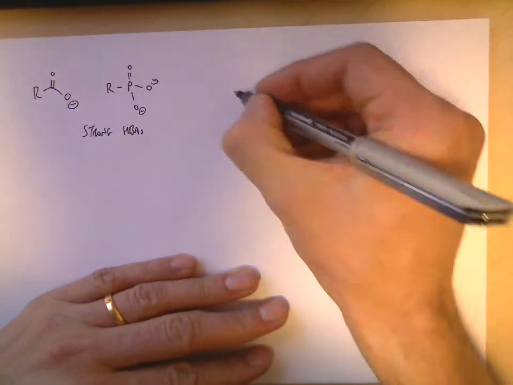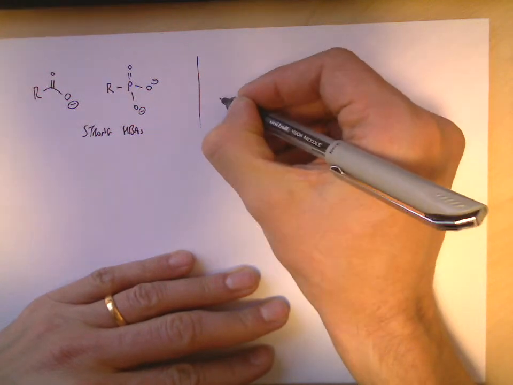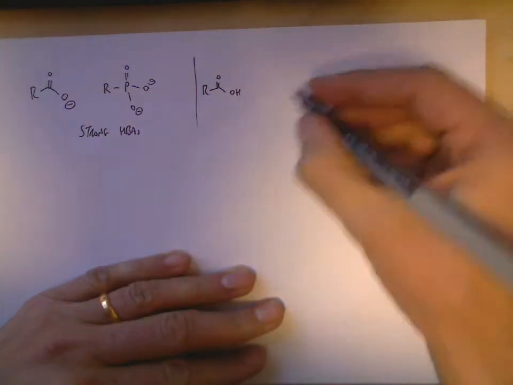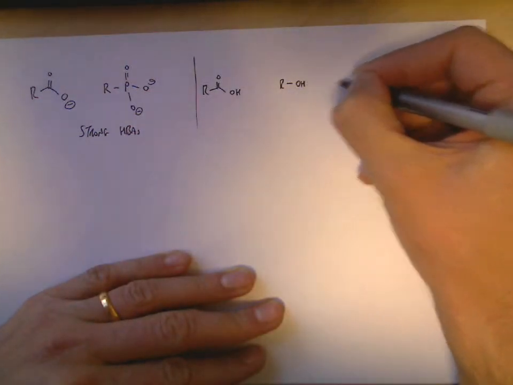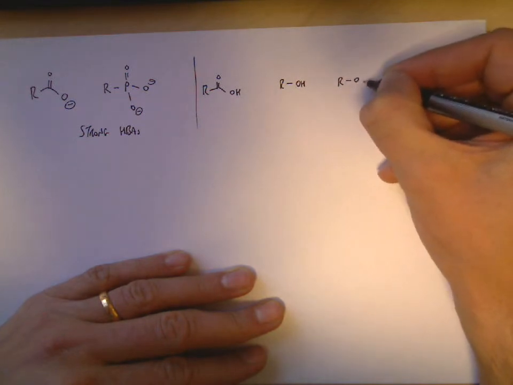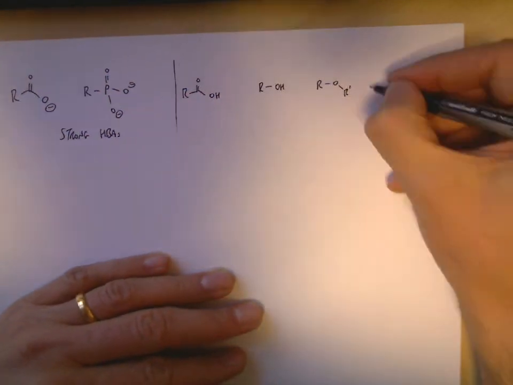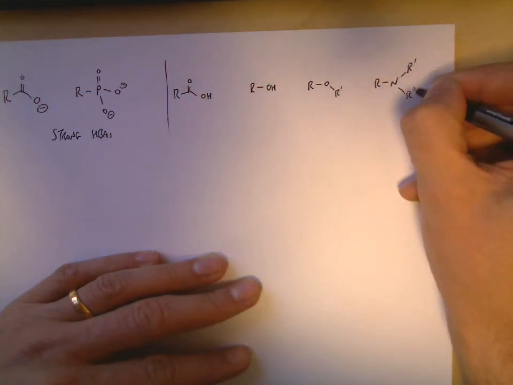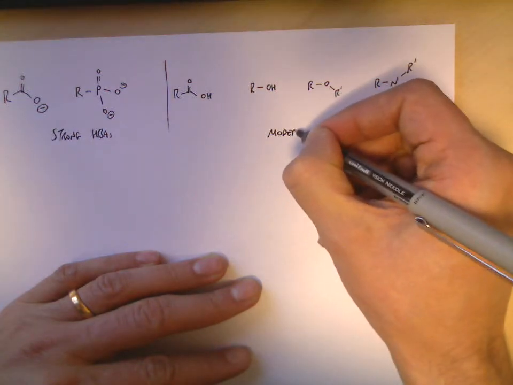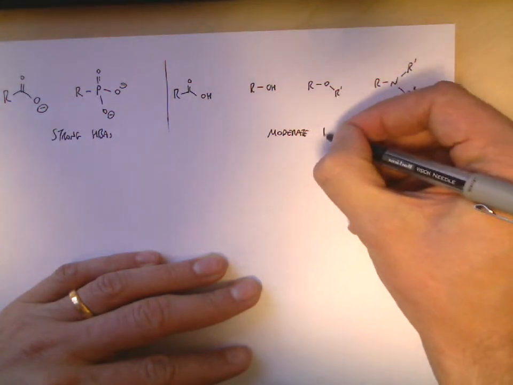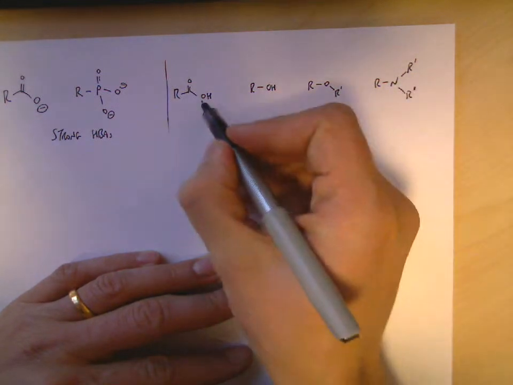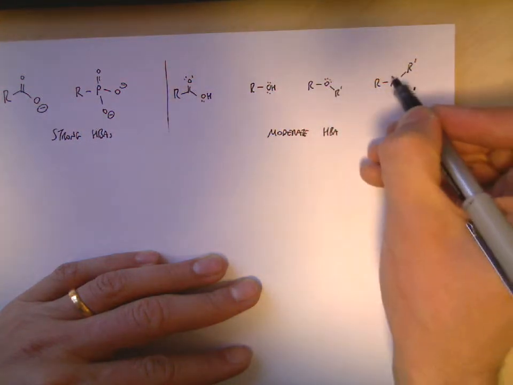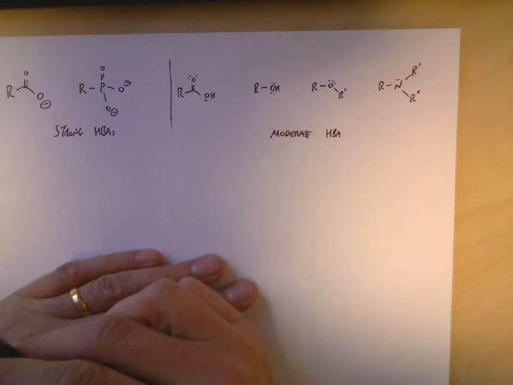Other types of hydrogen bond acceptor, maybe not quite so good or more moderate, would be the acid itself as opposed to the deprotonated form, alcohols, ethers, amines. These are all moderate hydrogen bond acceptors because they have lone pairs on that electron-rich heteroatom.